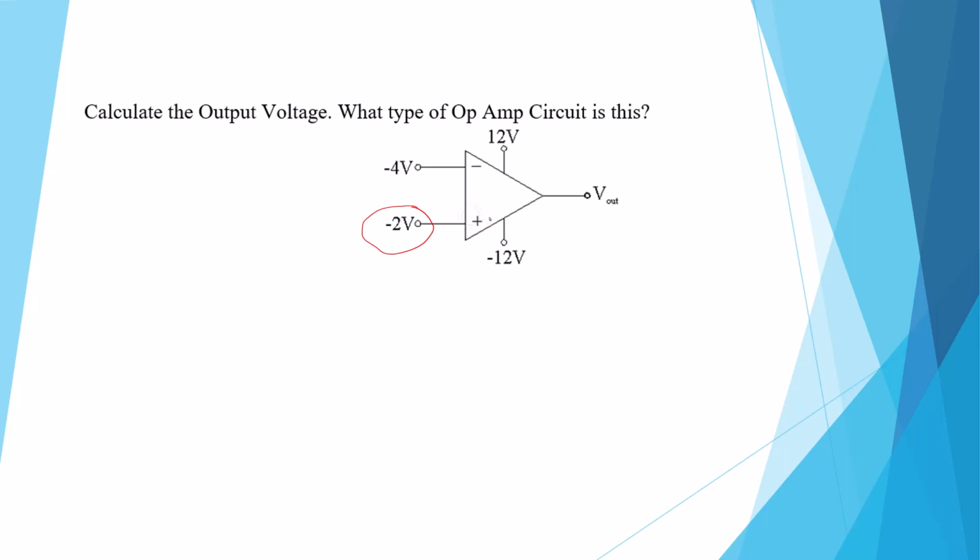So it's going into the positive rail, so it's going to go to the positive rail, which is 12 volts. We're going to say 90%, 0.9. And that would be simply just the positive rail.